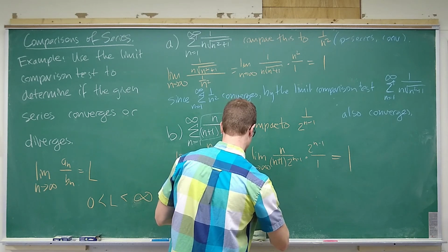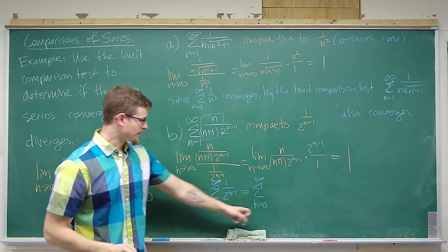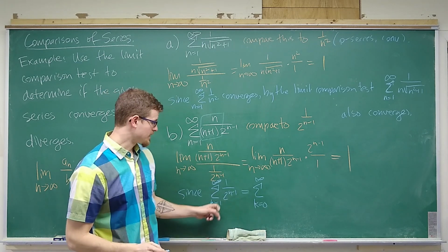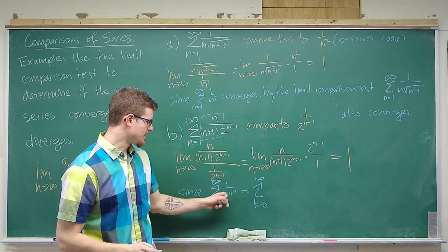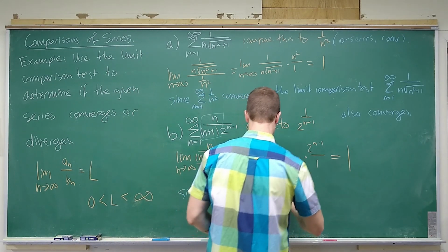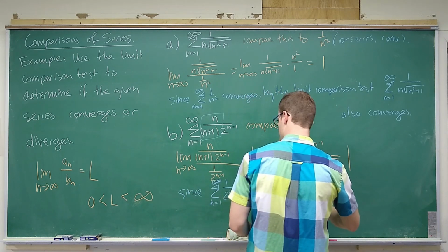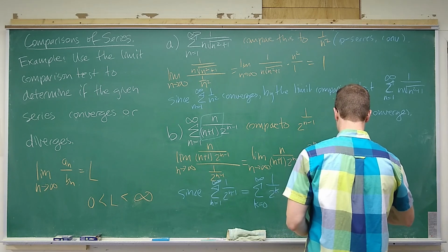So take k from 0 to infinity. And if we start at 0, then instead of subtracting 1, because I subtracted 1 to get there, it would just be k in the exponent. 1 over 2 to the k converges. So since this converges, it is a geometric series.